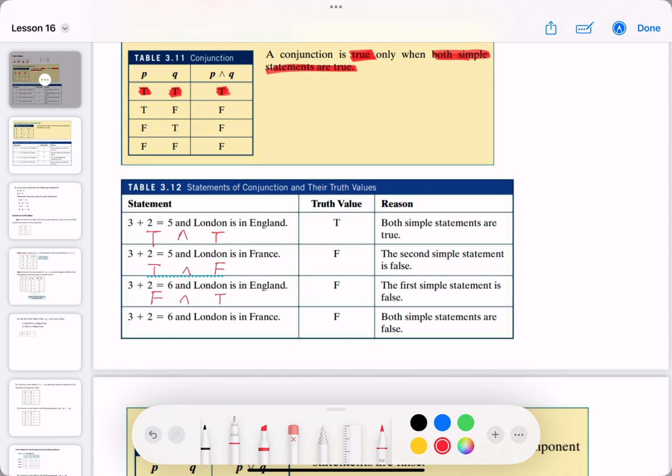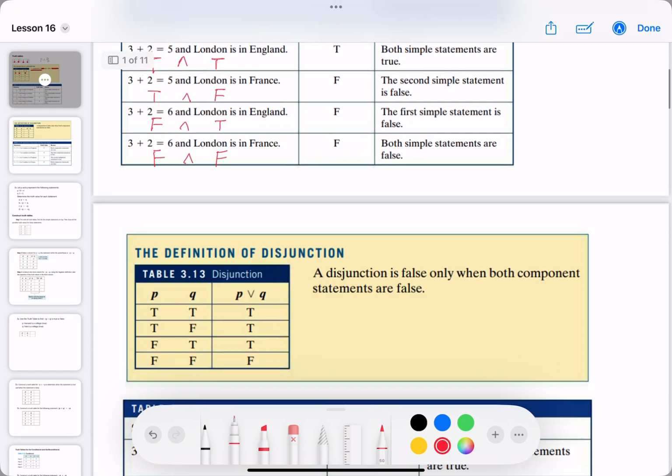But we have one false statement, so the conjunction is false. Next example: 3 plus 2 is equal to 6 is false, and London is in France is a false statement. So false and false is false. The truth value is false. Both simple statements are false.